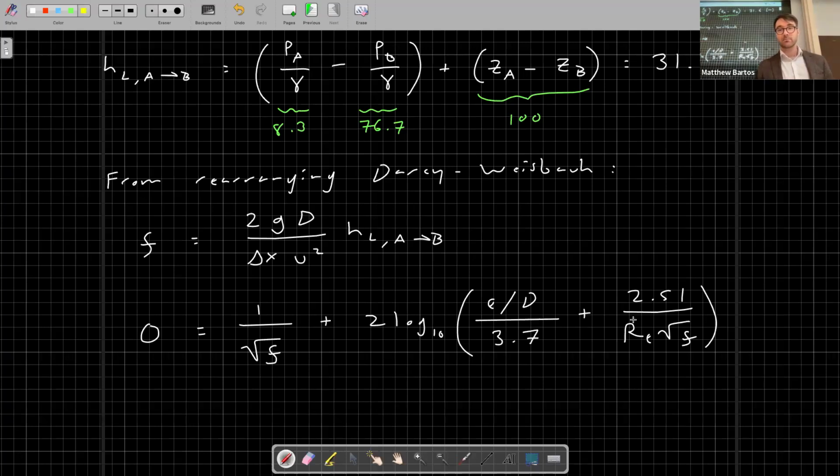Reynolds number is unknown because the Reynolds number depends on what other quantity that's unknown? Velocity. So we don't know the velocity. Okay, and what other quantity is unknown? The friction factor. So friction factor is unknown.